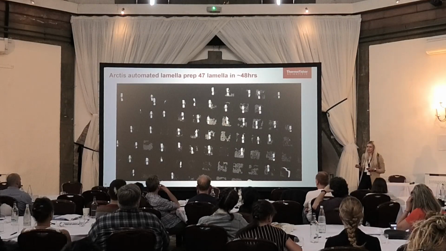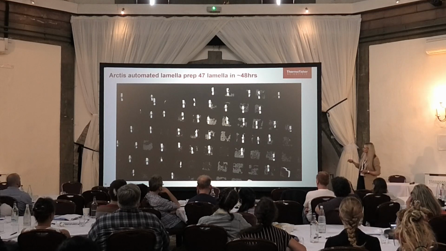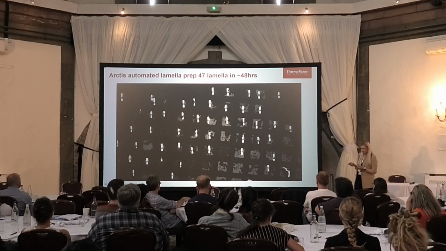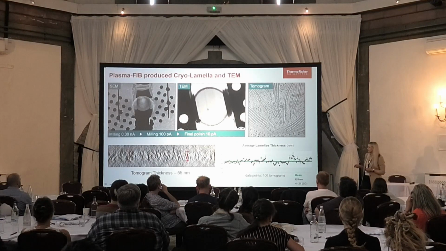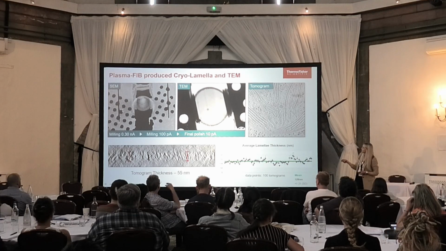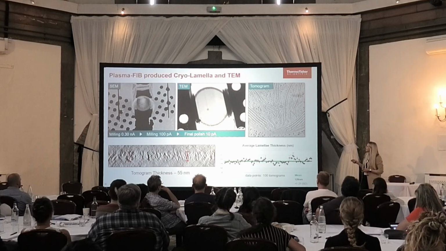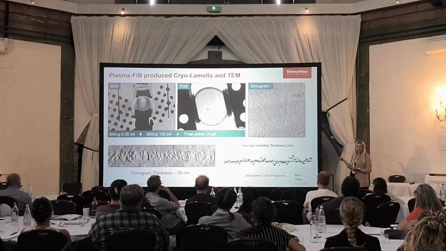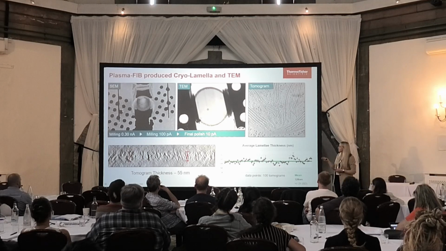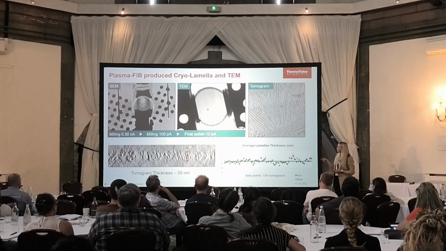So here's one example of 47 lamellae produced in 48 hours on the same grid. And here we can see some zoomed in versions of one of these lamellae. You can see a search image of a lamella. You can see really nice thylakoids from the reconstruction, from a tomogram taken from a lamella. And you can already see that there's not so much curtaining happening, and the contrast is pretty good.